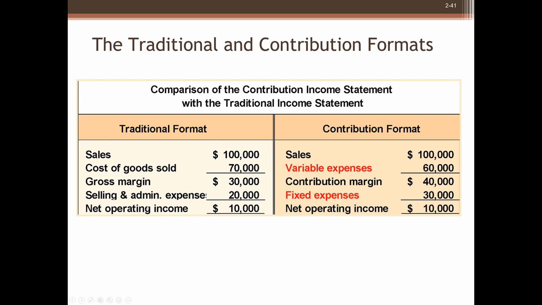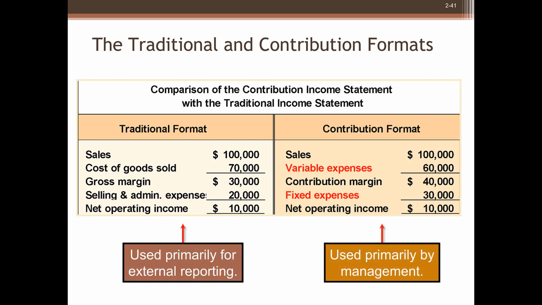The traditional approach organizes costs in a functional format. Costs relating to production, administration, and sales are grouped together regardless of cost behavior. The traditional approach is used primarily for external reporting purposes. But the contribution format is primarily used by management.